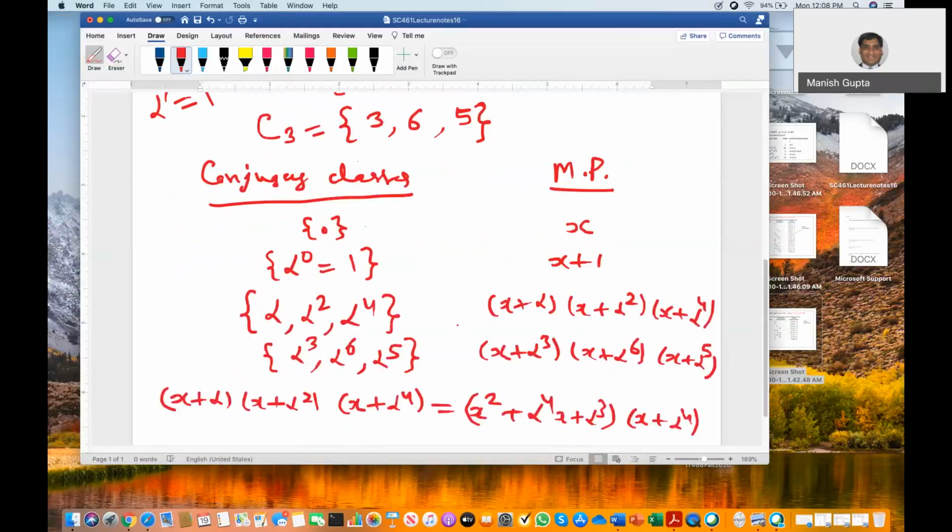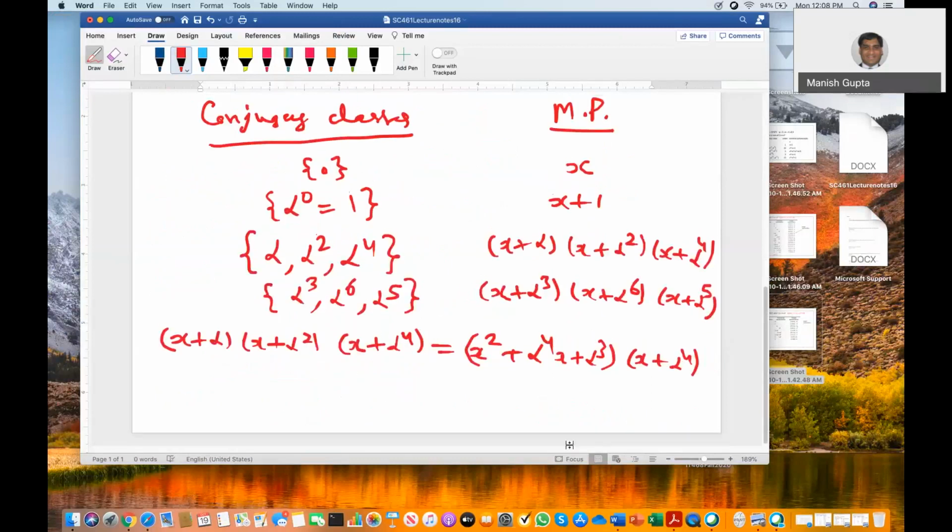Okay, so that's how we computed this, and when we expand it, it turns out that this value is nothing but x cube plus alpha raised to power 4 plus alpha raised to power 4 times x square plus alpha raised to power 8 plus alpha raised to power cube times x plus alpha raised to power 7.